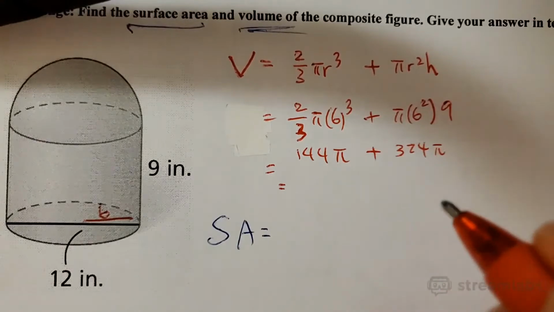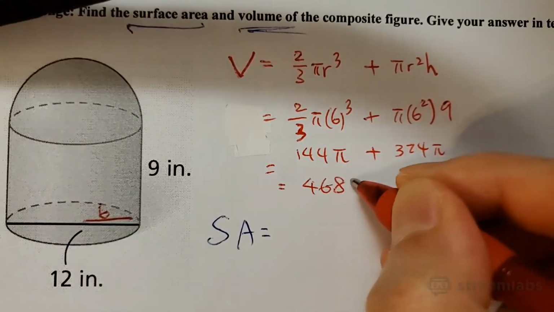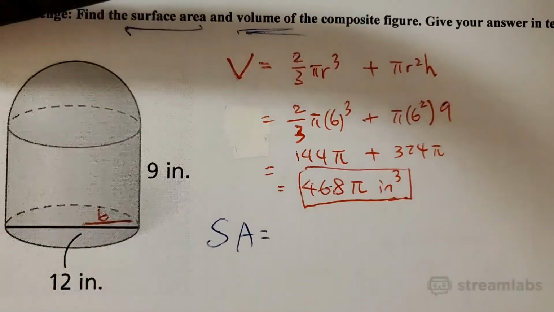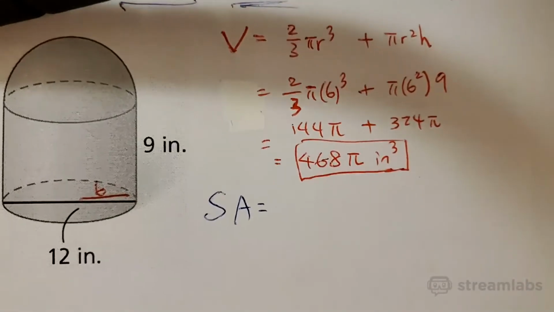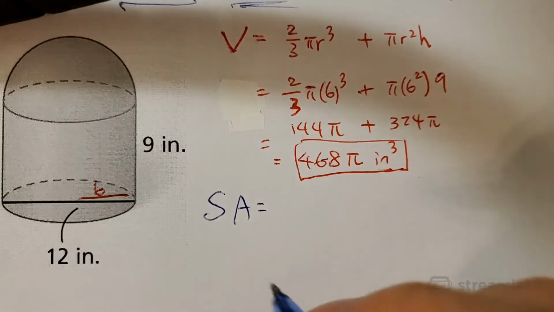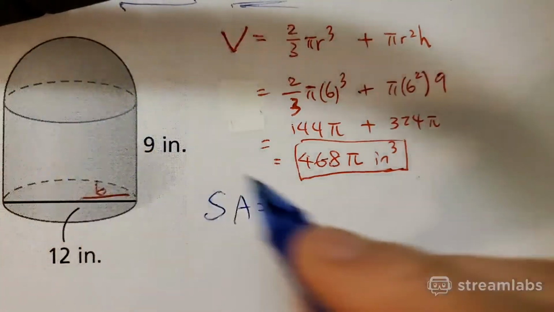So together is 468 pi cubic inches. Is that okay?